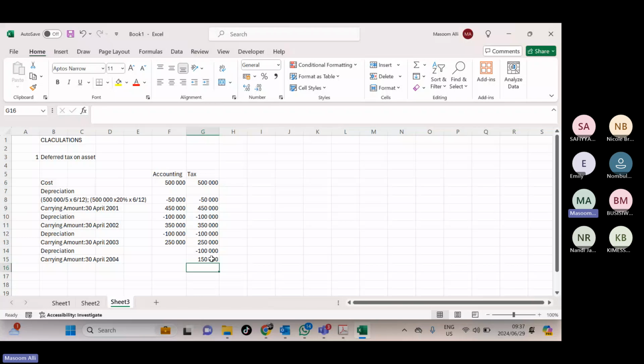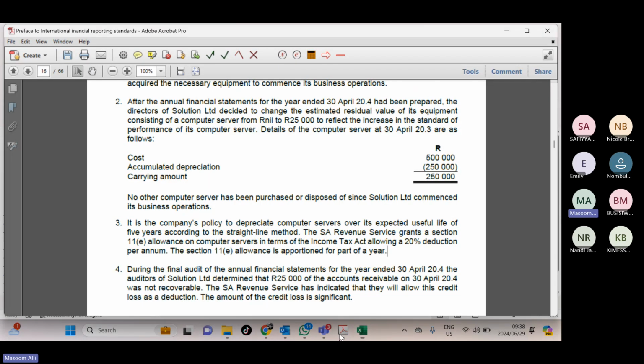As 150. Our depreciation for the year, this we cannot say is going to be the 100,000, because there was a change in estimates during the year, right? And this change in estimates is now what we need to take into account for determining the carrying amount for accounting purposes, right?